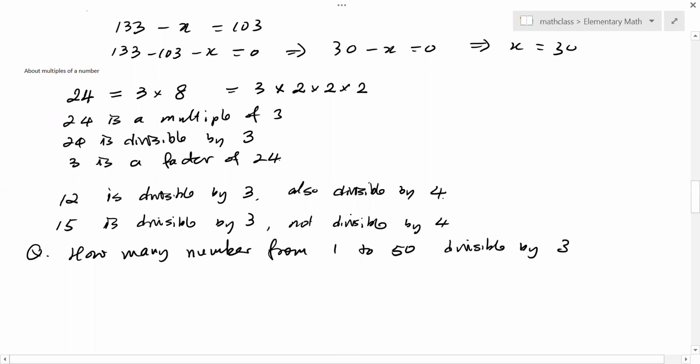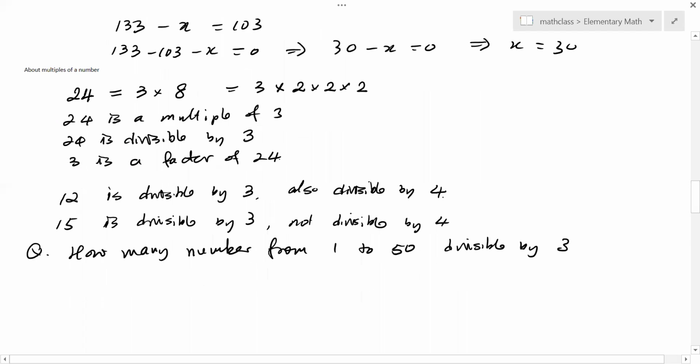Well, you can list all of them, but there are too many. It's not easy to solve this problem. If I only give you from 1 to 10, then 3, 6, 9, we have 3. So how do you do this problem? Well, you just need to count the multiples of 3.